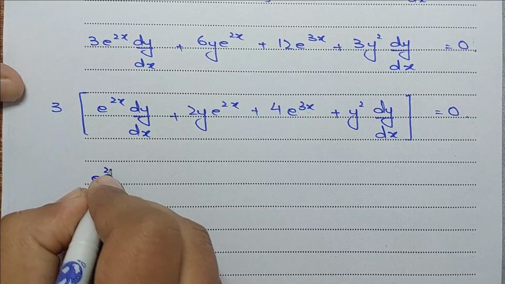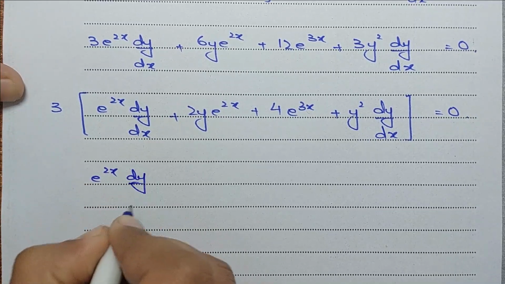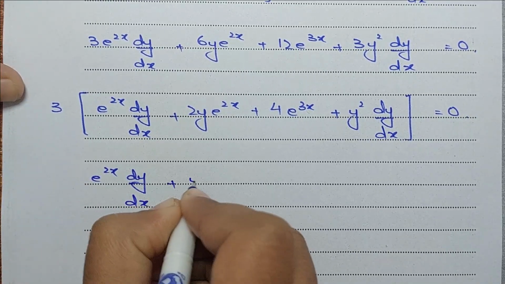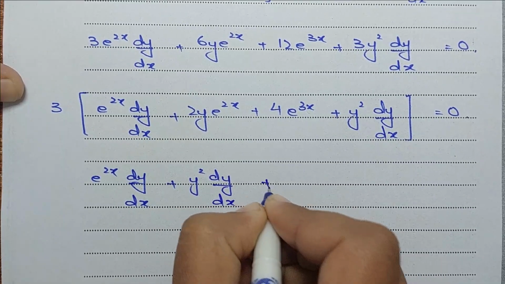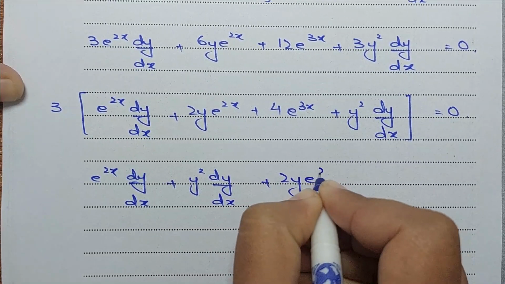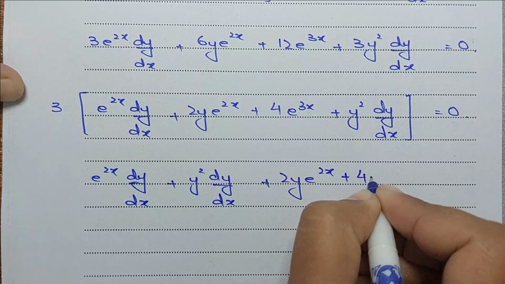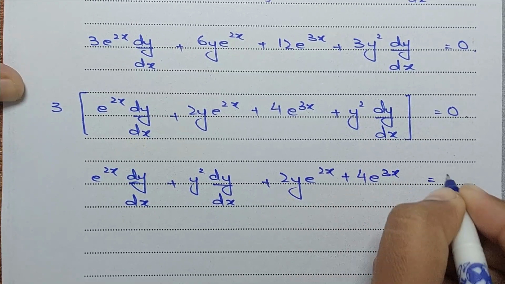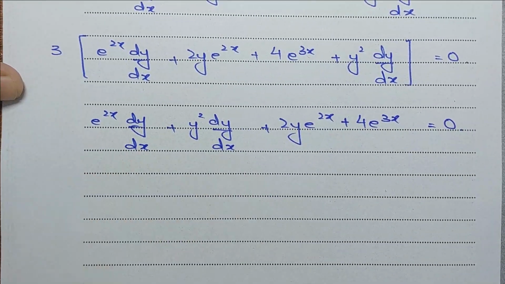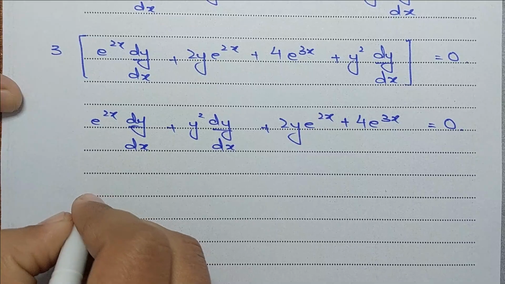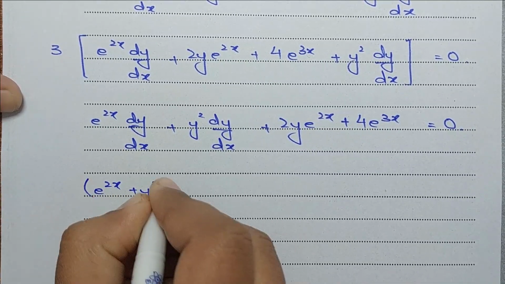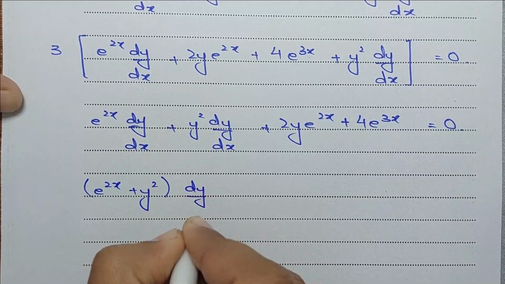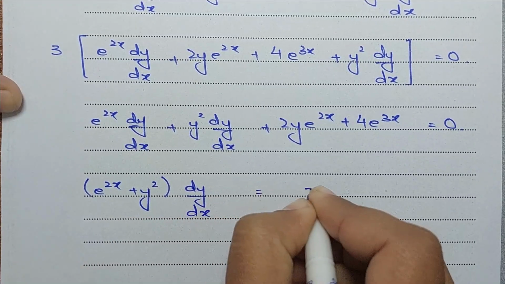Now e to the power 2x dy over dx plus y square dy over dx plus 2y e to the power 2x plus 4 e to the power 3x would be equal to 0. Now let me take dy by dx common. Okay, e to the power 2x plus y square, these are the coefficients of dy over dx, and shift the rest of the terms on the other side.